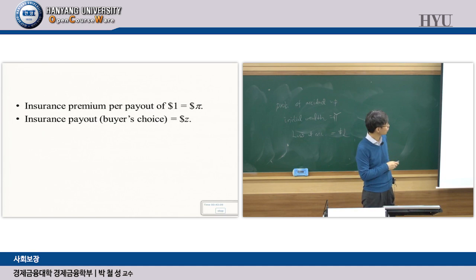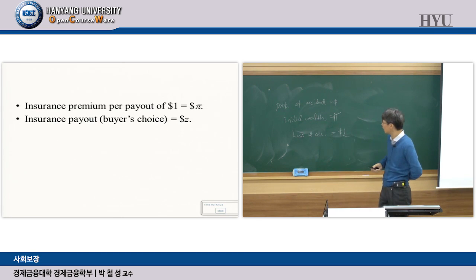And you can choose how much money you want to get from the insurance company when something bad happens. So you can choose Z dollars. Z dollars is your insurance policy. I want, let's say, $100 if something bad happens.